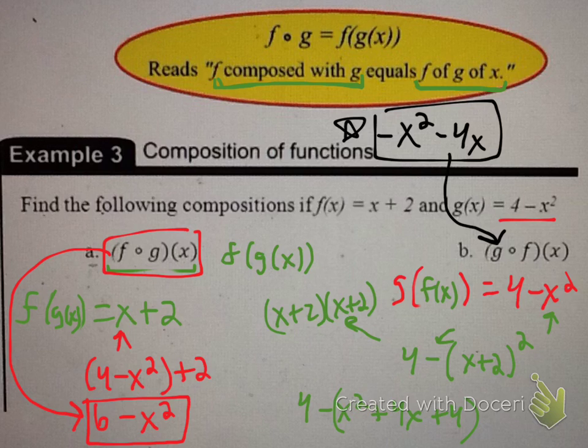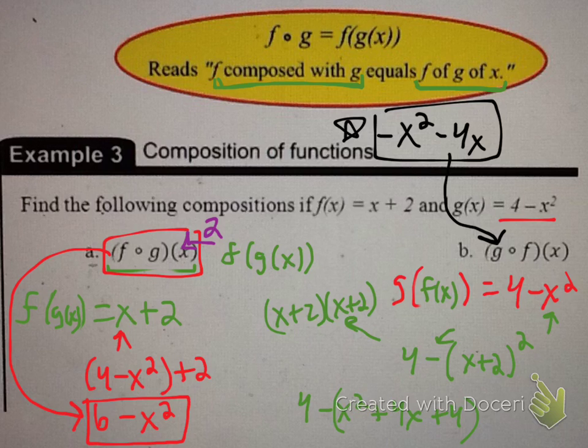Now, I'm all about checking my work, and so this is a great way that you can check your work. Let's say I want to know f of g of 2. So instead of x, it's 2.